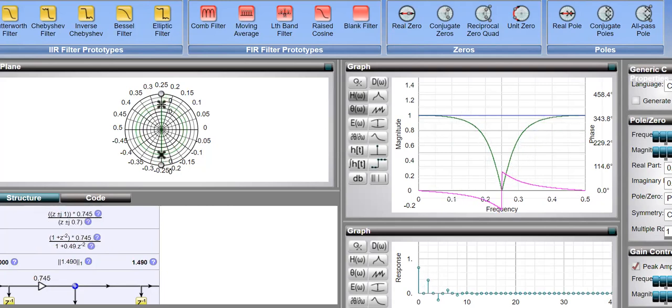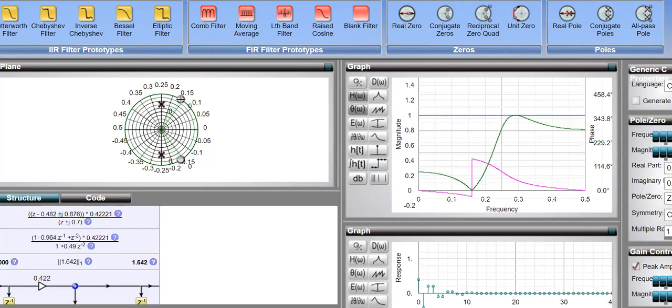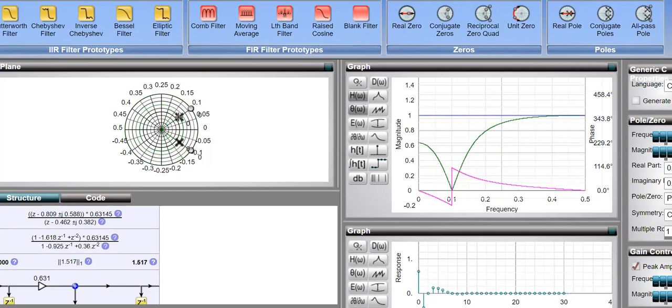If you want to control the center frequency, definitely you need to change the pole location. You can change the zero location, as well as you need to change the pole location to make it a realistic notch band filter.